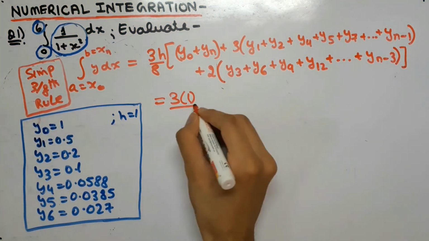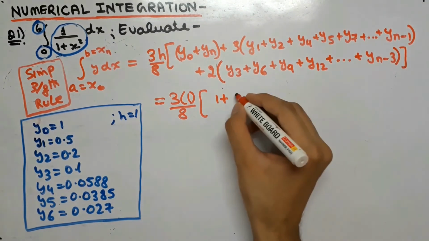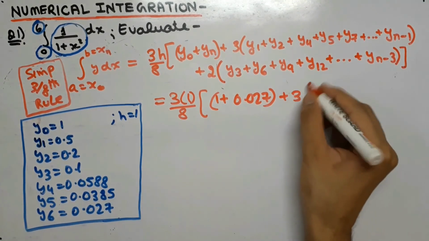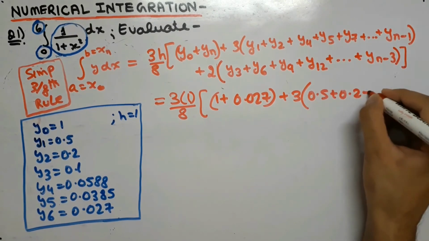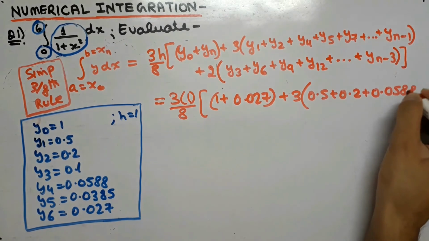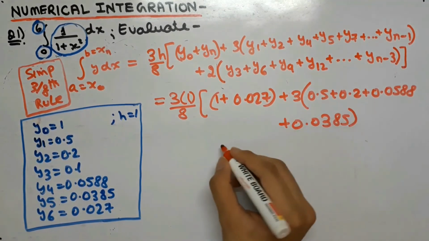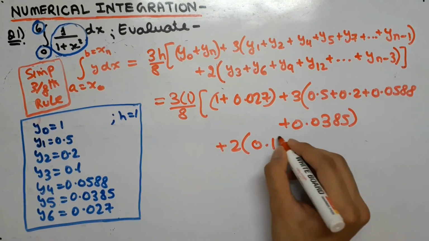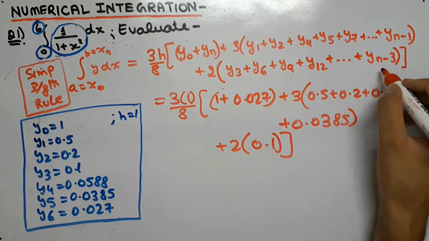That is 3/8 into y0 plus yn, that is 1 plus 0.027 as yn is y6, plus 3 into 0.5 plus 0.2 plus 0.0588 plus 0.0385, and 2 into y3, that is 0.1, as we only have to put the values till yn minus 3, and n is equal to 6, that is y6 minus 3, that is y3.